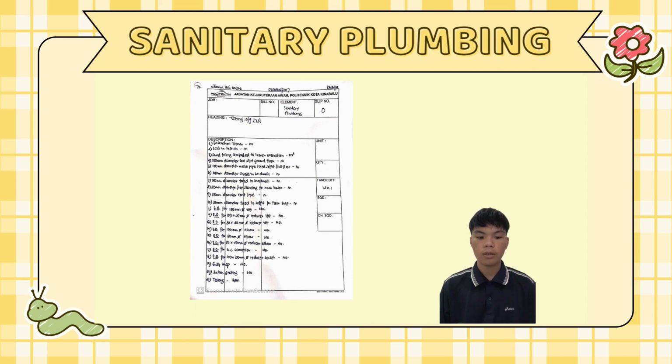Extra over for 100 mm T, number; extra over for 100 times 20 mm reducer T, number; extra over for 82 times 20 mm reducer T, number; extra over for 100 mm elbow, number; extra over for 50 mm elbow, number; extra over for 82 times 20 mm reducer elbow, number; extra over for WC connector, number; extra over for 100 times 50 mm reducer socket, number; gully trap, number; balloon grating, number; testing, item.